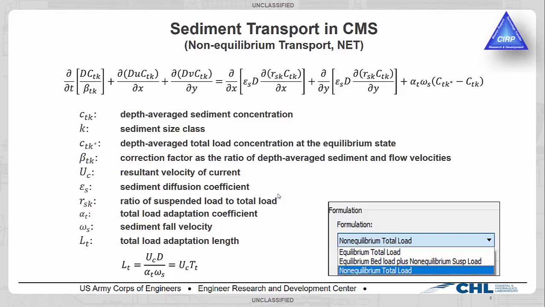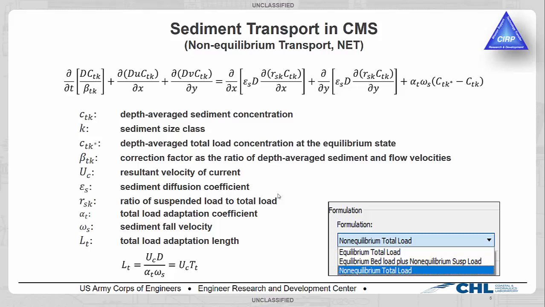As we know, this is a total load equation, so the ratio of suspended load gives the portion of the total load that is suspended load transport. And 1 minus R_sk is apparently the bed load. So bed load plus suspended load is total load, and R_sk is needed in that equation too.